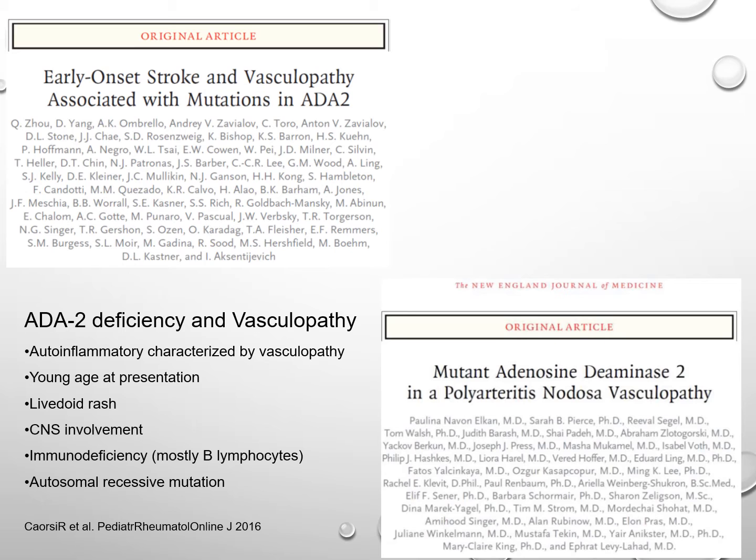You will find a patient of young age with livedo rash as well as CNS manifestations, immunodeficiency mostly of B cell lymphocytes, and an autosomal recessive mutation of DADA2. It's considered one of the autoinflammatory diseases characterized by vasculopathy. So in the recent ACR 2021 recommendation, they proposed that any young adult with PAN-like manifestations be screened for DADA2.